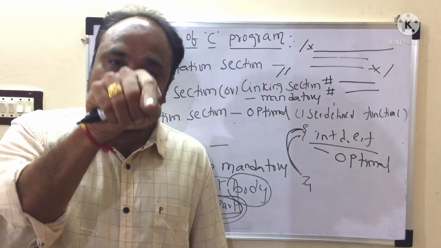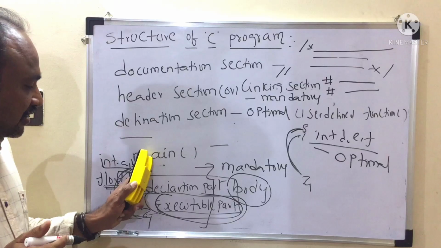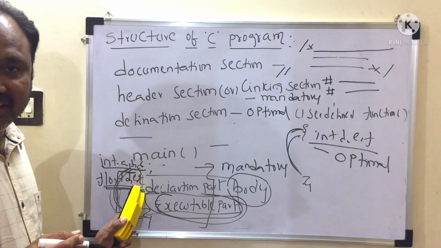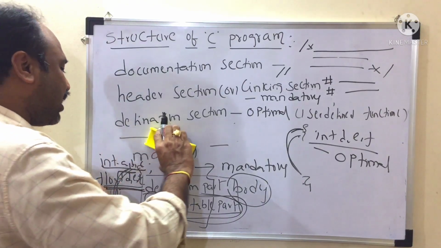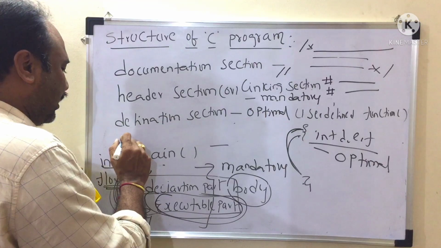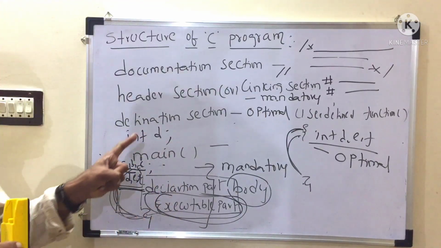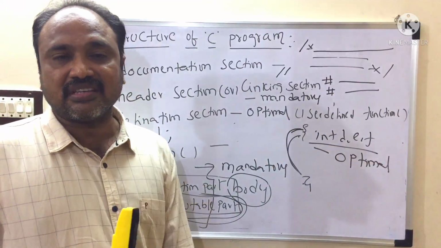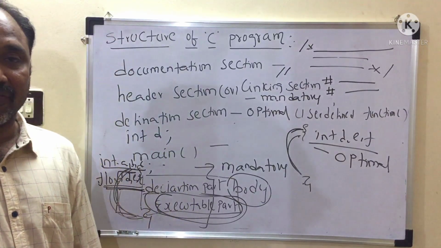In your house, Srinu is local to your house. In the same way, a variable declared inside a function is local to that function. We can access it there itself. Suppose you declare a variable before main, here int d, these are global variables. We can use them in the main function and other functions also. This is regarding local variables and global variables.